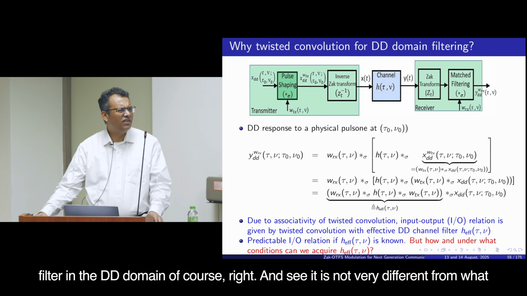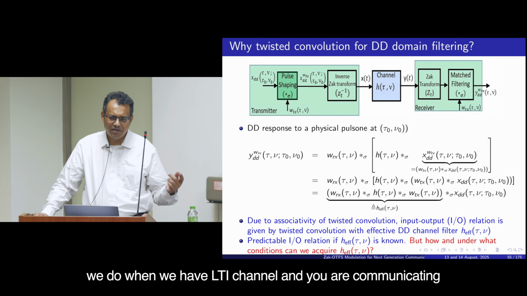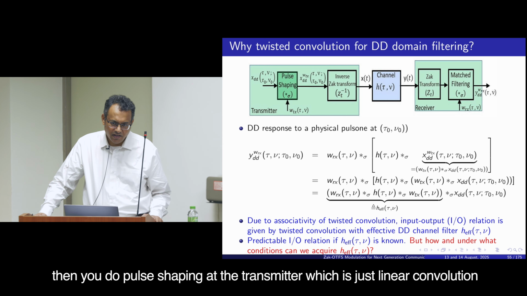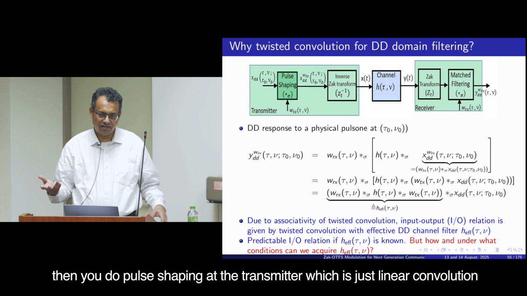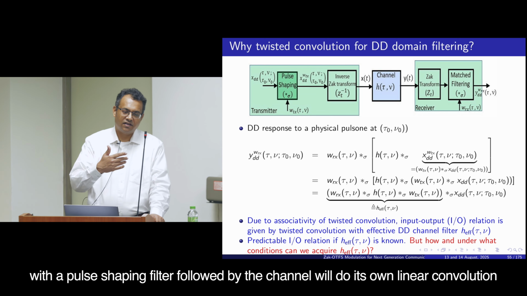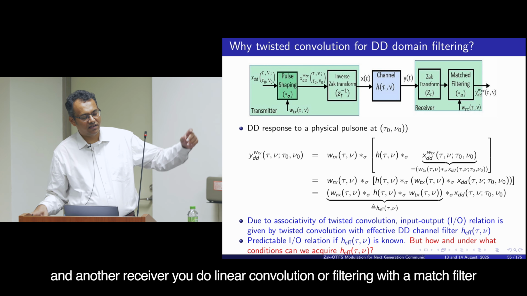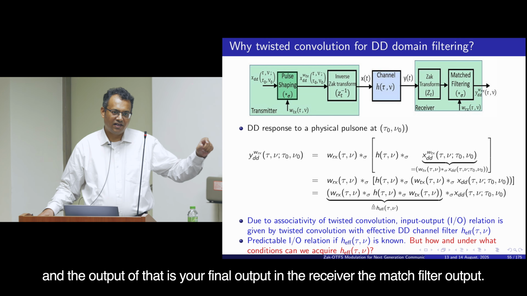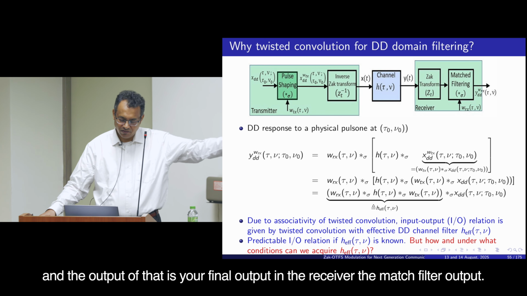And see, it is not very different from what we do when we have an LTI channel and you are communicating using time domain pulses, for example. Then you do pulse shaping at the transmitter, which is just linear convolution with a pulse shaping filter, followed by the channel, which will do its own linear convolution, and then at the receiver you do linear convolution or filtering with a match filter, and the output of that is your final output in the receiver, the match filter output.